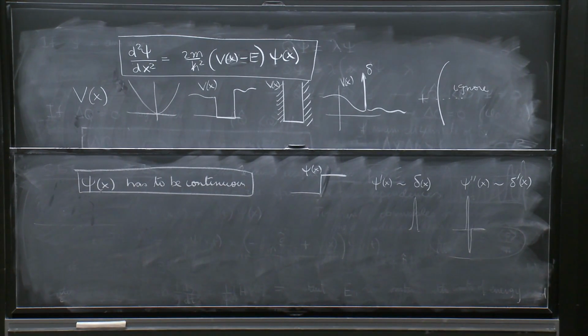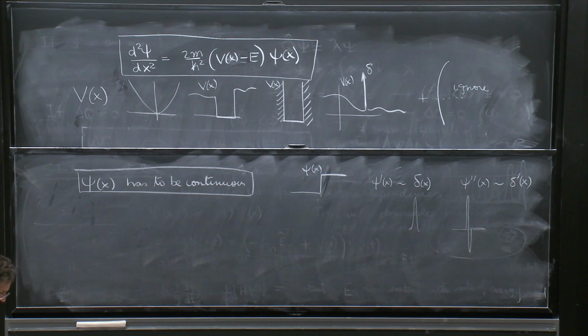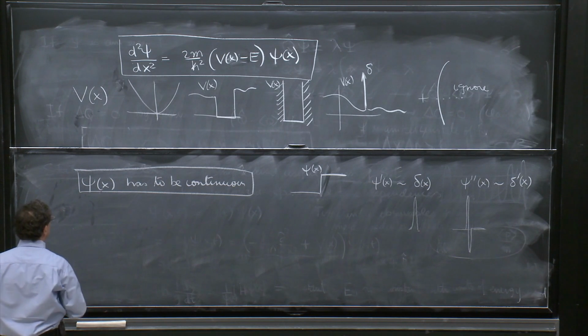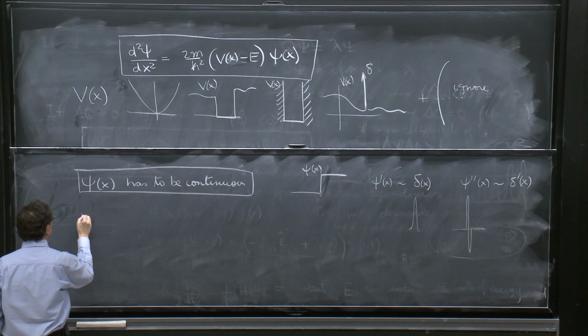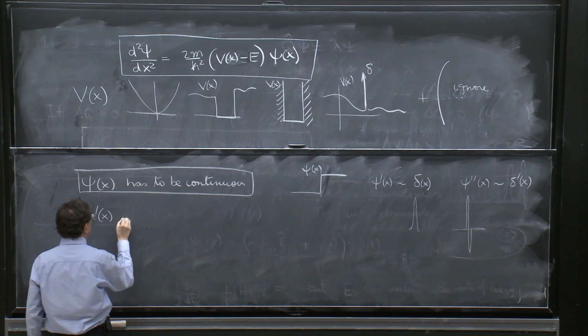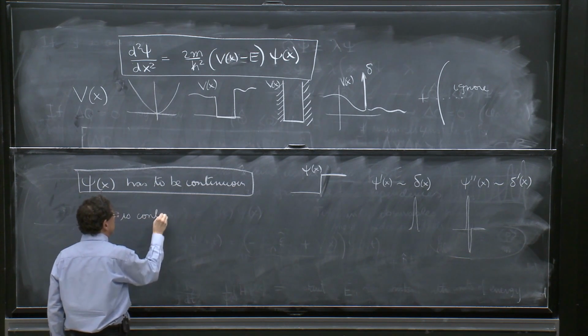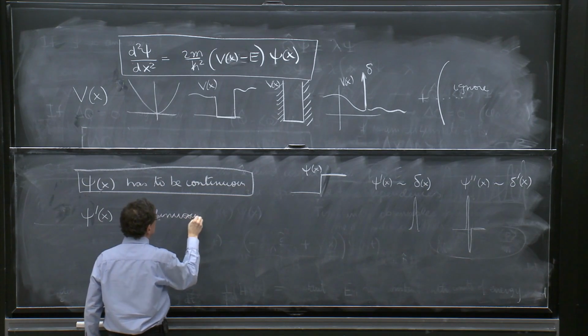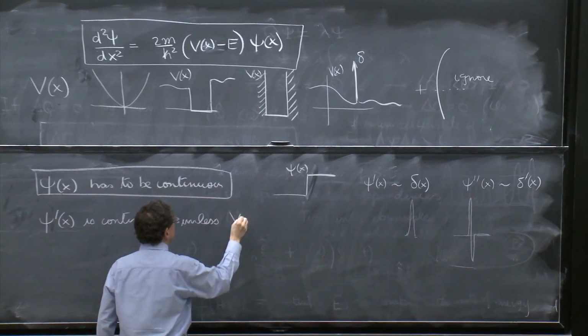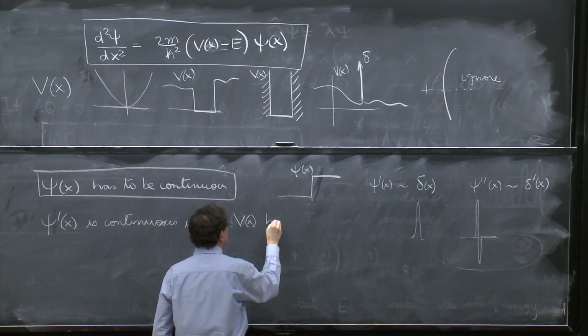There are other ways to argue this. I might put them in the notes, but I'll leave it like that. Now, how about the next case? I will say the following happens too, that psi prime of x is continuous unless V of x has a delta function.